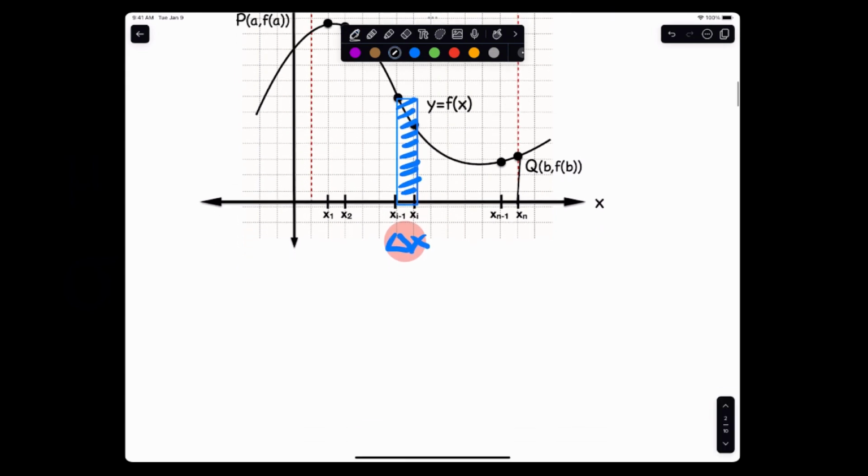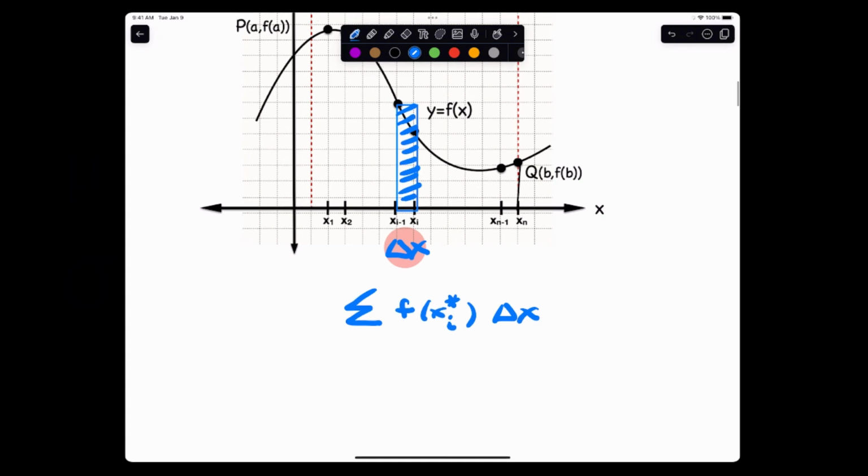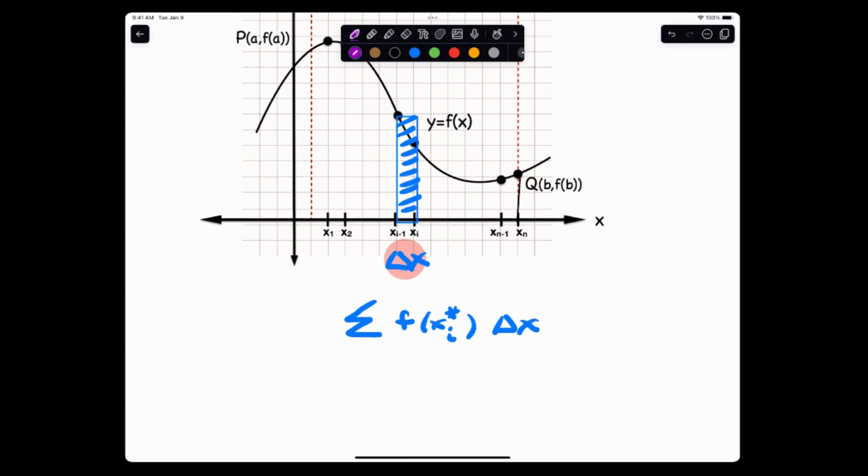And so to generally write what we did here, we took the sum of f of xi asterisk times delta x. Because what I just did was give you a general form. Where this xi asterisk is a point in your interval in this picture.